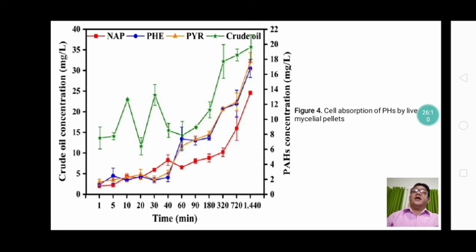These values were higher than their surface absorption percentages. Absorption and surface adsorption of naphthalene by mycelia pellets were lower than those of phenanthrene and pyrene.